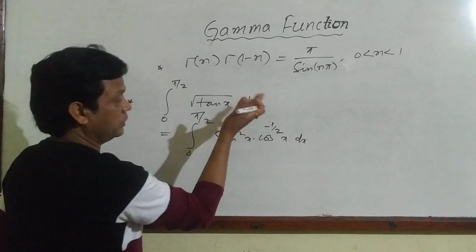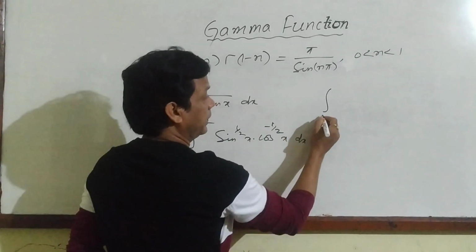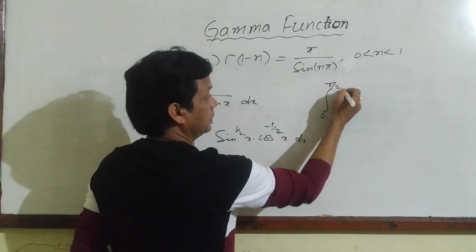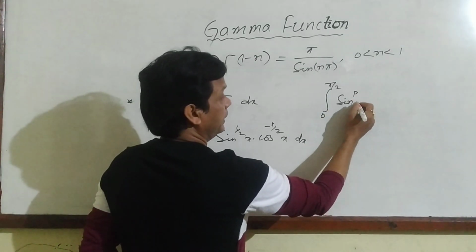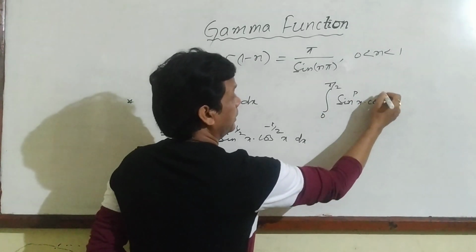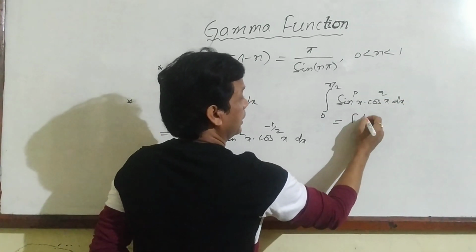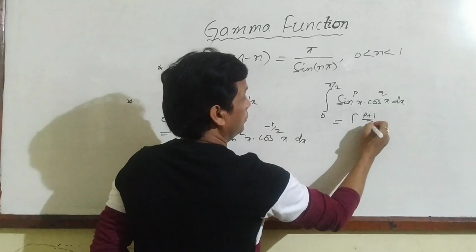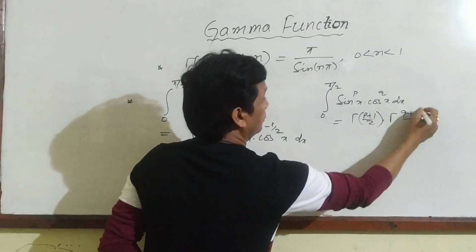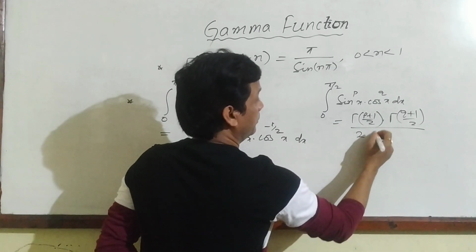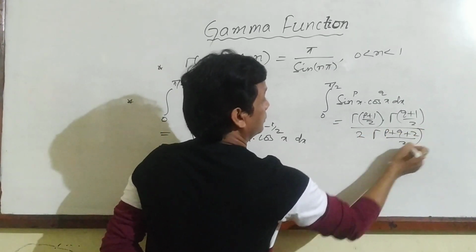I am taking cos x to the numerator. So here p and q, and I have told you the formula is 0 to pi by 2, in my previous part, sin to the power p x cos to the power q x into dx, and the formula was gamma of (p plus 1) by 2 into gamma of (q plus 1) by 2 divided by 2 gamma of (p plus q plus 2) by 2.